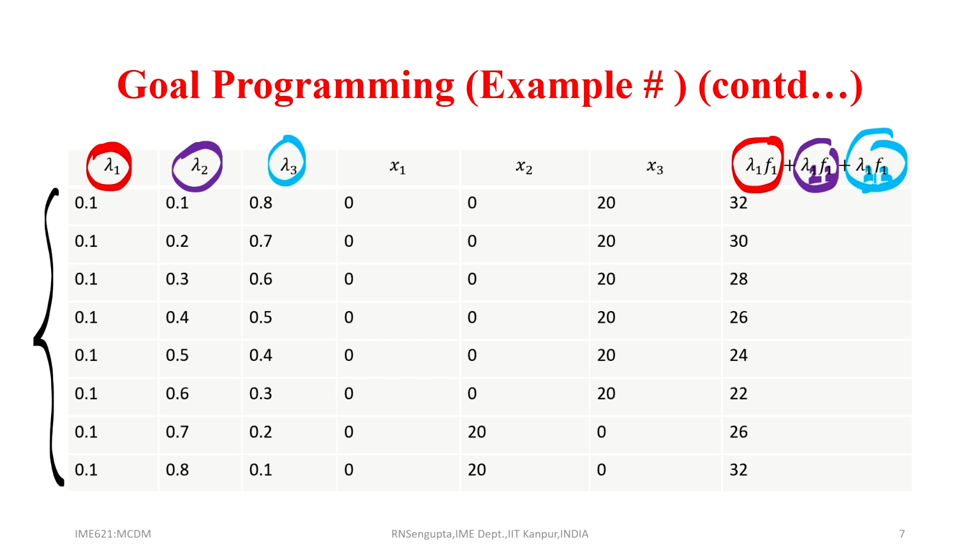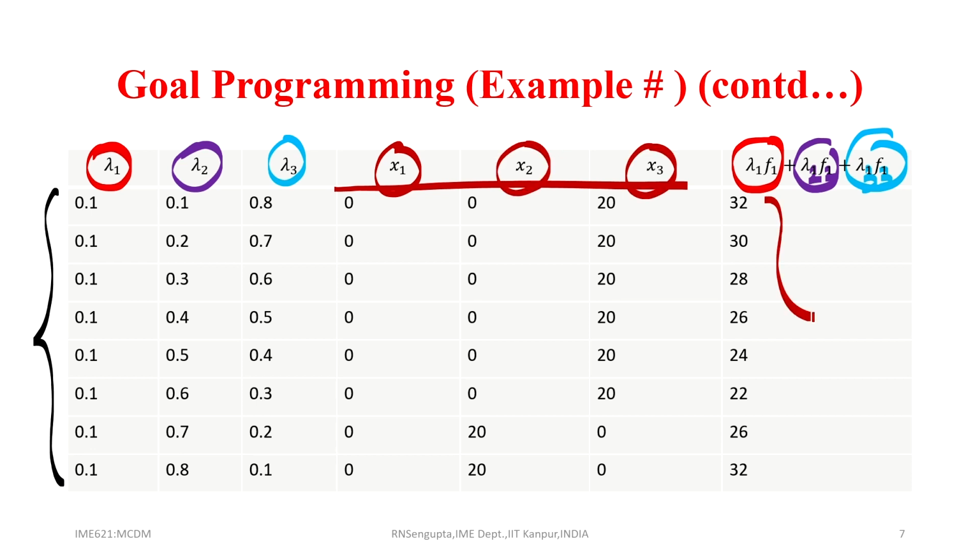And the values which I get, I will mark. These are the decision variables, x1, x2, x3, and the objective function, which is a convex combination of F1, F2, F3, is given.